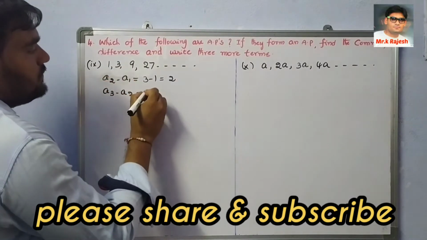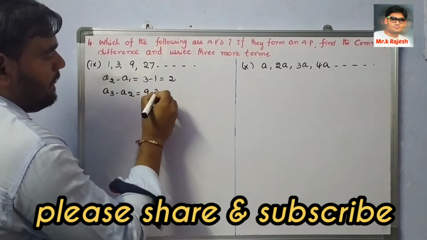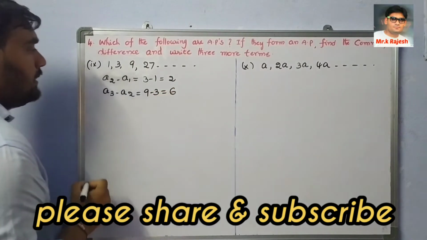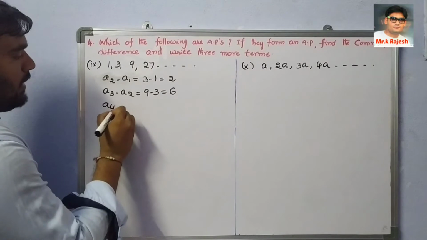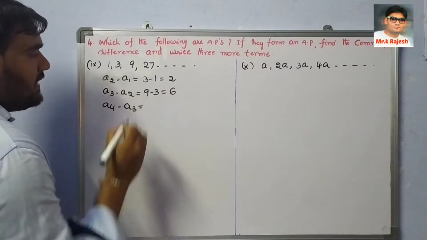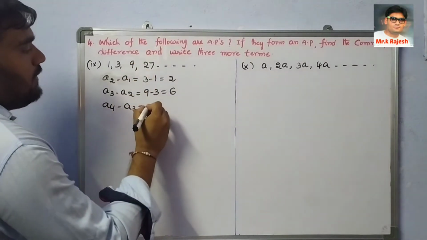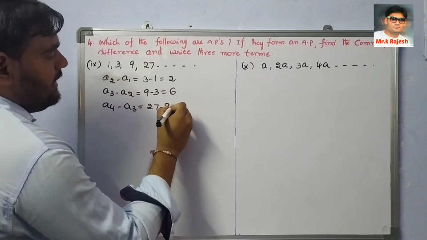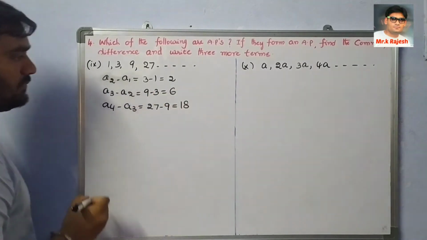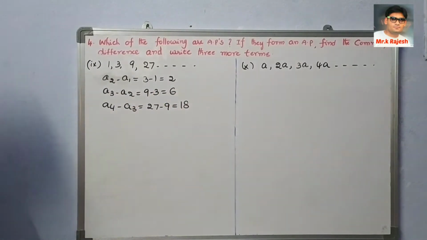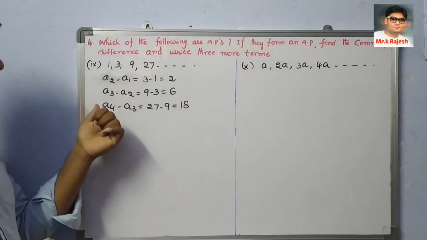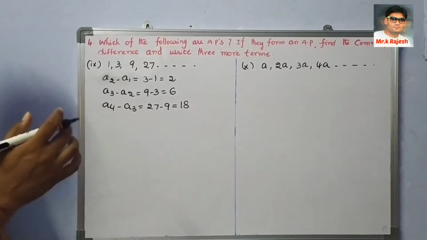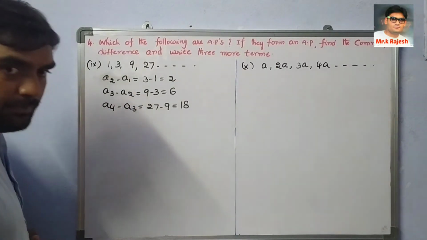A3 value is 9 minus 3 is equal to 6. Next, A4 minus A3 is equal to 27 minus 9, 18. So here, A2 minus A1 is different from A3 minus A2 and also A4 minus A3. Therefore, it doesn't form an AP.